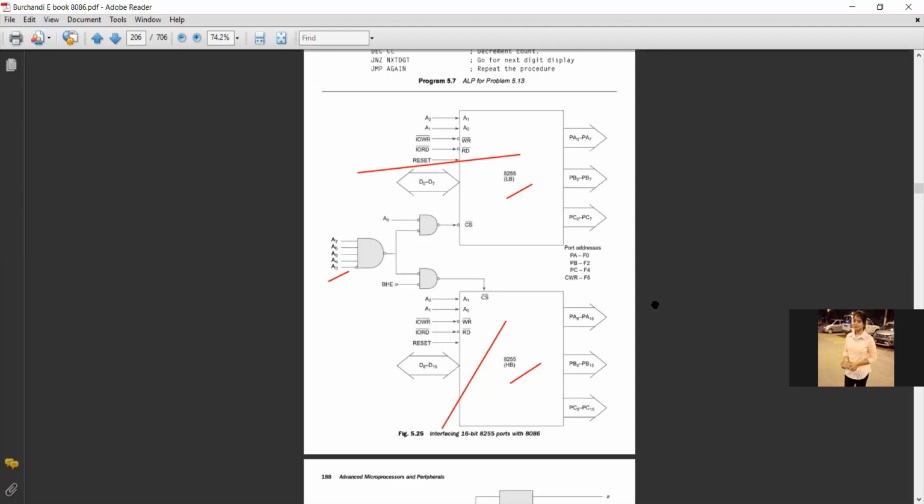Just go to another picture and write down the question.